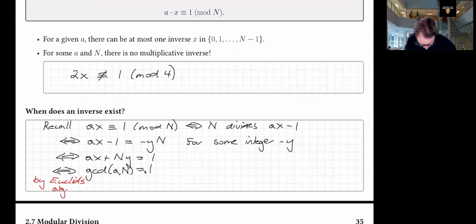And this has another name. This is the same as if and only if a and n are relatively prime, or coprime.